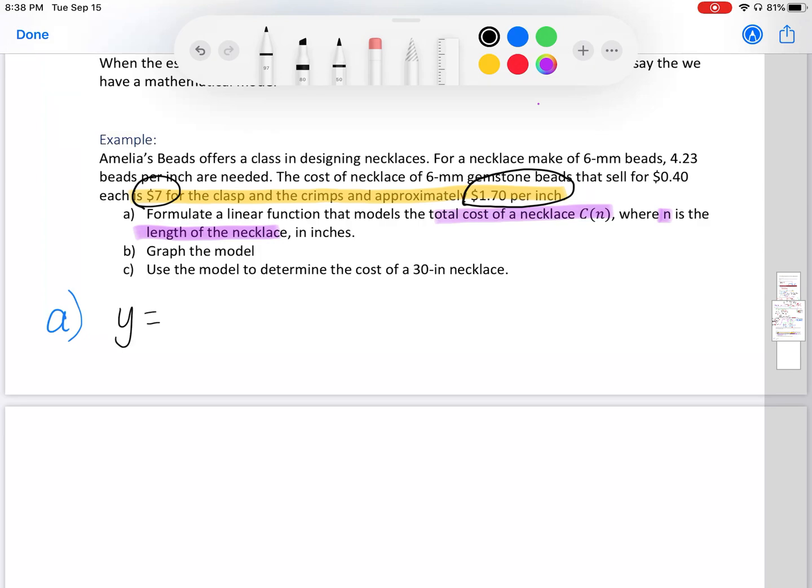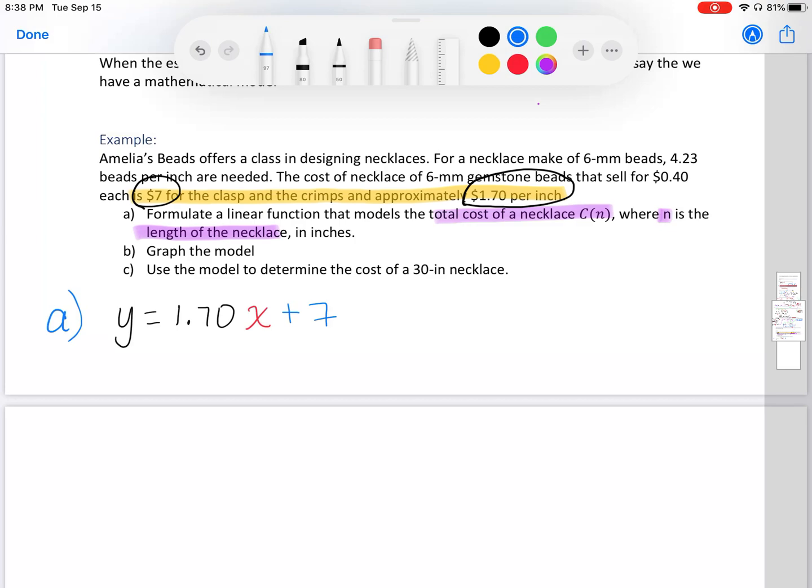So it depends if it's 1 inch long, 2 inches long, 3 inches long. Depends how long you want your necklace. So since that varies, we have 1.70 and the length, we don't know what the length is. It depends on what each person wants. So that would be an x. But everything costs that base of $7.